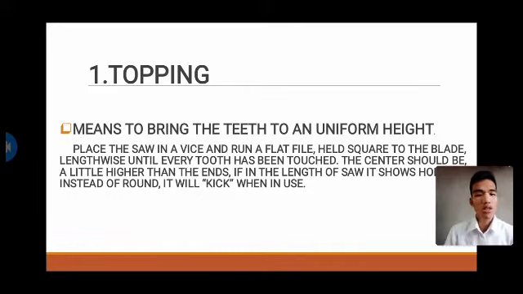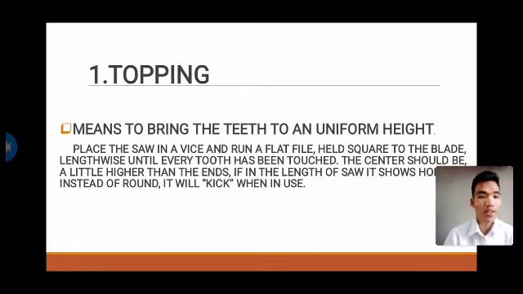And then place the saw in a vise. That is the step. Place the saw in a vise and run a flat file, held square to the blade lengthwise, until every tooth is touched, until all the teeth of the crosscut saw are even. And then the center should be slightly higher than the ends.